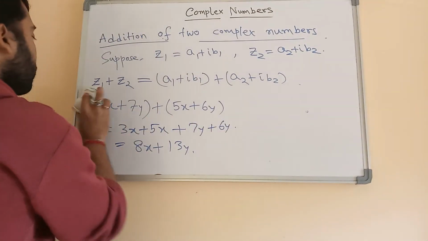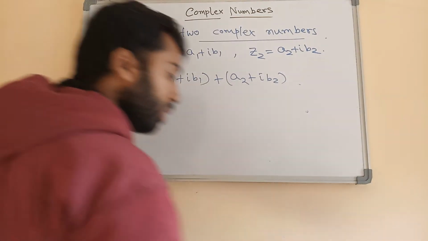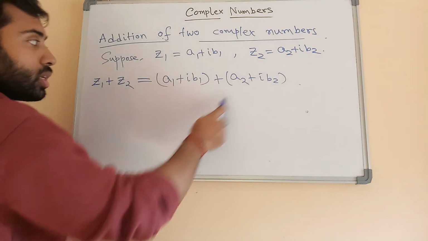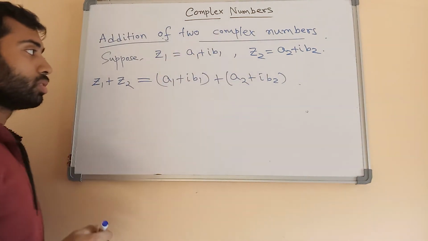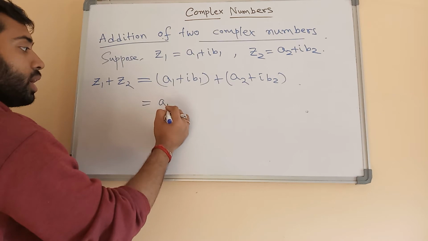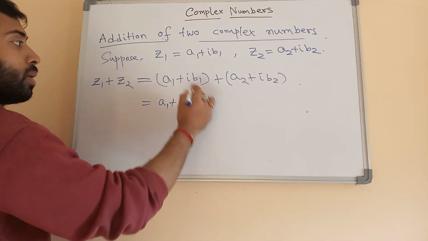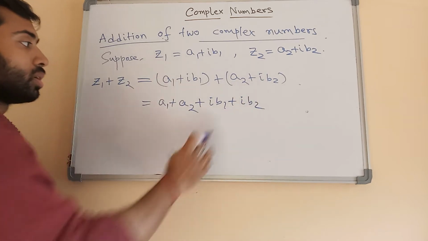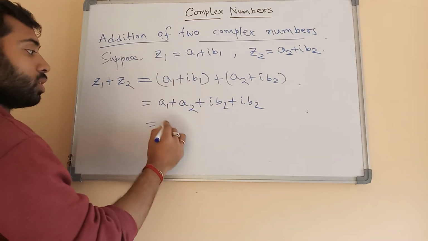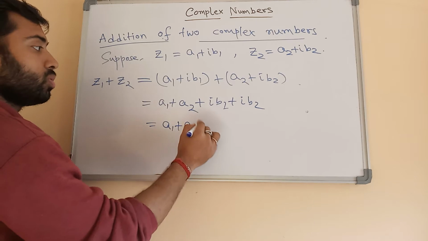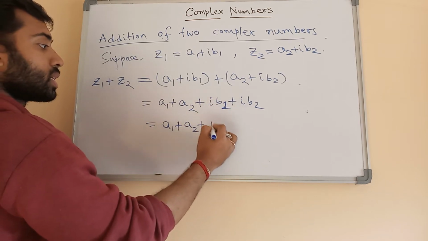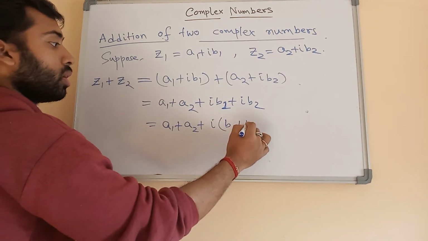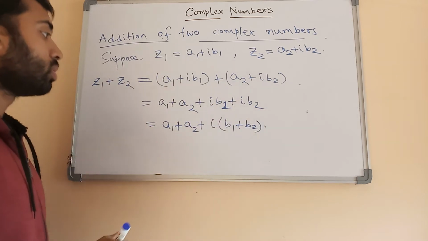The same rule we will apply in the case of addition of two complex numbers. That means take the real parts all together and the imaginary parts all together. That is a1 plus a2 plus ib1 plus ib2, that is a1 plus a2 plus i into b1 plus b2.